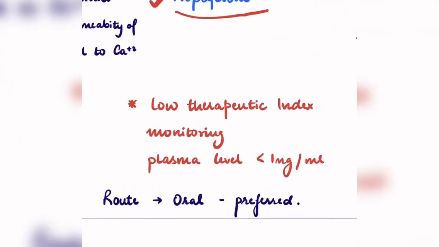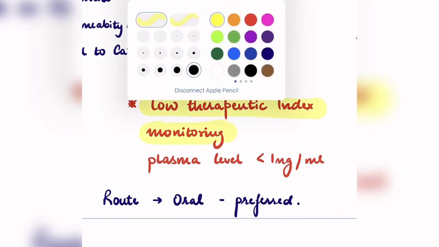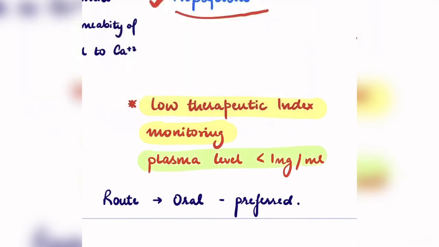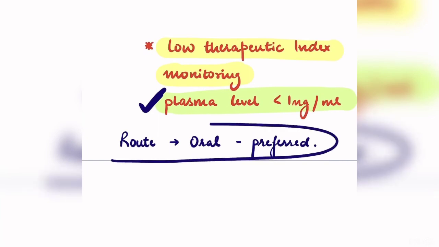And the last important points are that since it has a low therapeutic index, you need to monitor, and you need to remember this value because it's important: the plasma level should always be less than 1 nanogram per milliliter, because this can be asked in MCQs in exams. So this is important for MCQs. And the oral route is preferred.